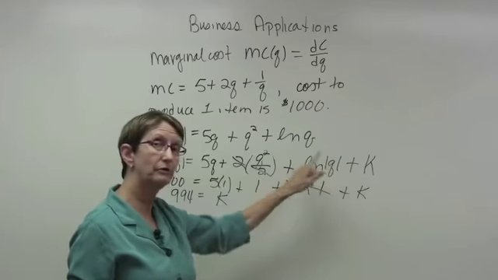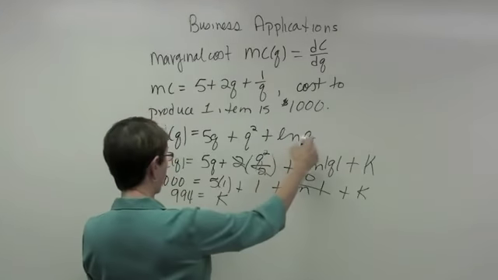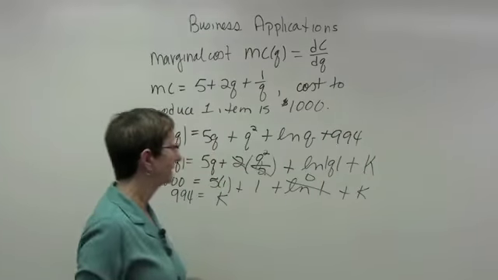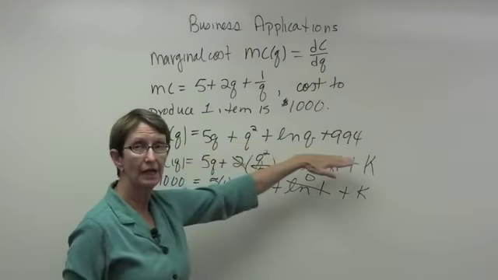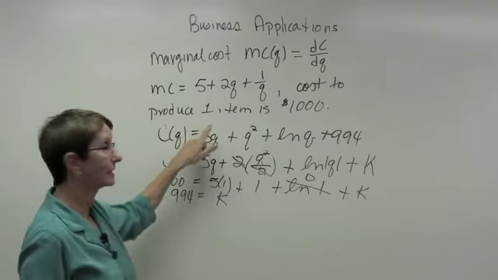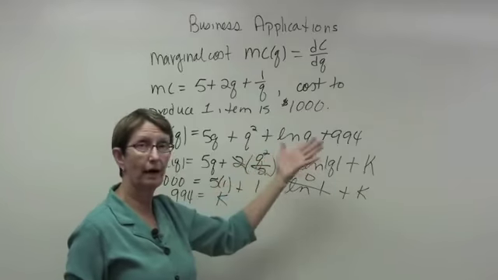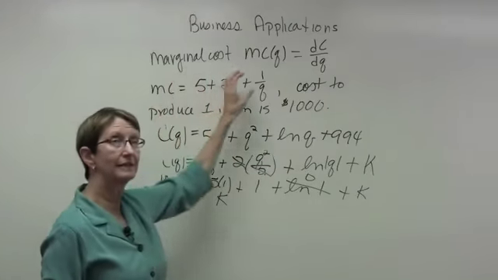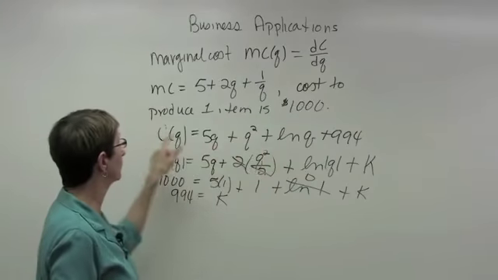I don't really need the absolute values. And my constant K is 994. So this would be the cost function if I want to find the cost to produce 10 items. I'll plug in for q, and then that would give me a dollar amount for my cost, using the fact that I'm given the change and I want the original function.